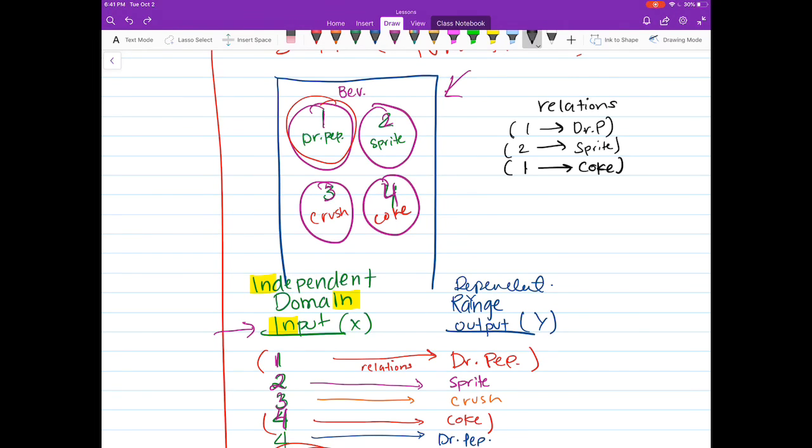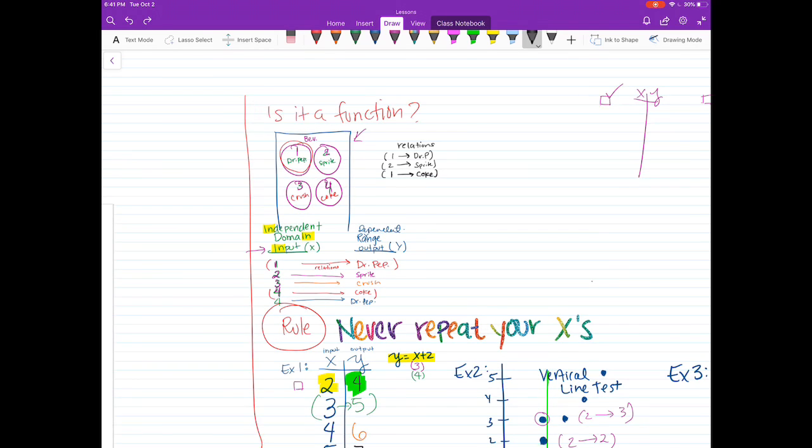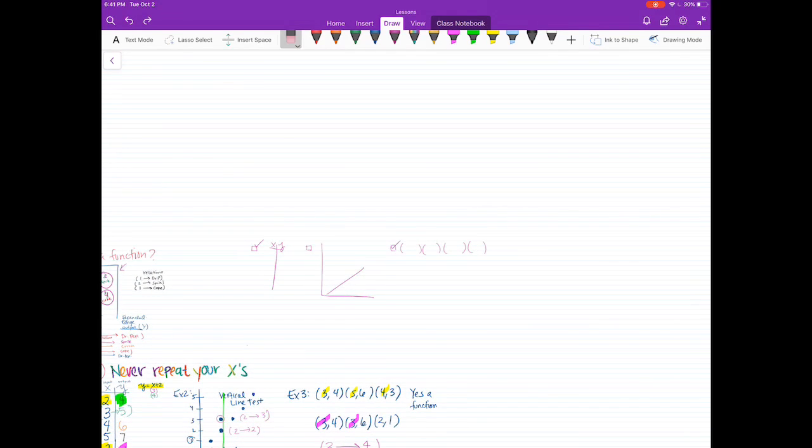So let's talk about this idea of function, okay? The only rule that you have to follow in order for your machine to function is, for every x, there has to be a unique y.